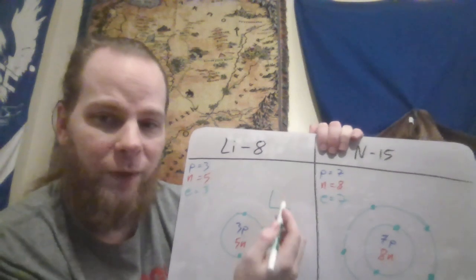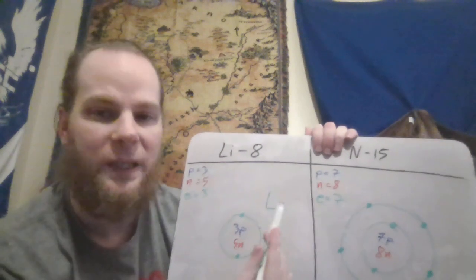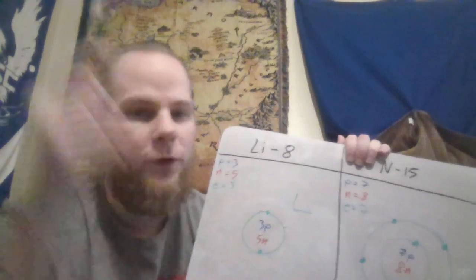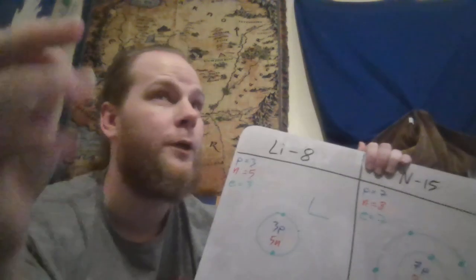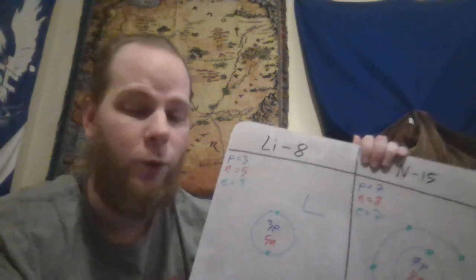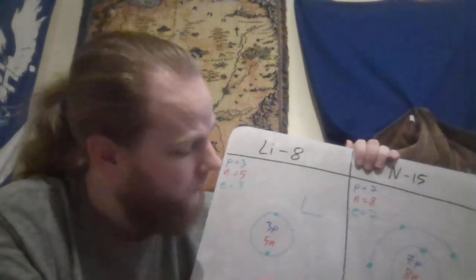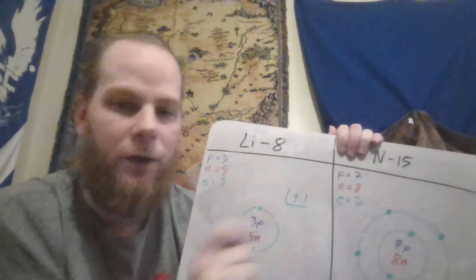What you have to do is add a little note up here of what the charge actually is. Okay? So it lost an electron. And so most of you are going, oh, lost means subtraction, therefore it's got a charge of -1. And that is wrong. Its charge is not -1. Its charge is +1 because it lost a negative particle.